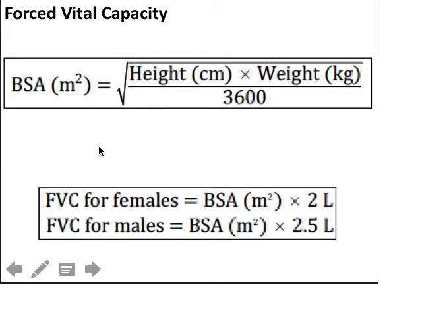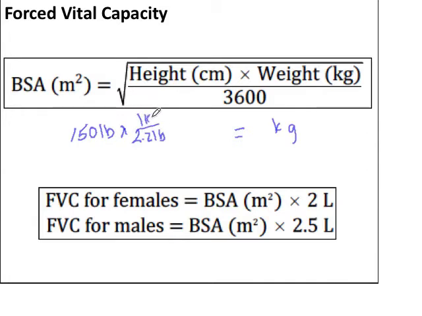Now you might say, well, wait a minute, my bathroom scale measures pounds. Well, there's a way to go from pounds to kilograms, and I'll show you how to do that. Let's say, just for fun, that you weighed 150 pounds. We just pick a number out of the blue. And what we want to know is how many kilograms this is. Well, there's 2.2 pounds in 1 kilogram. So put 2.2 pounds on the bottom down here, and put 1 kilogram on the top.